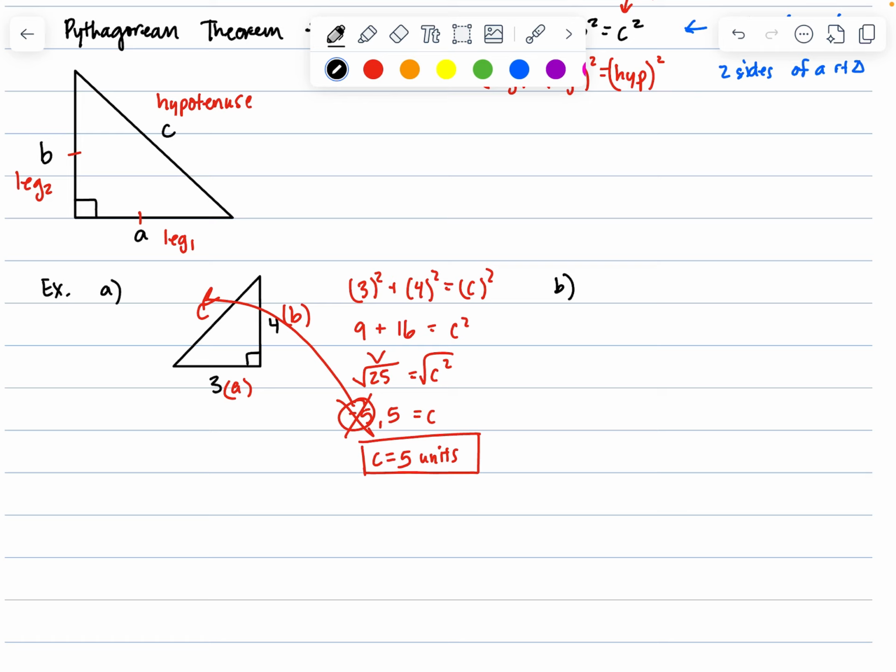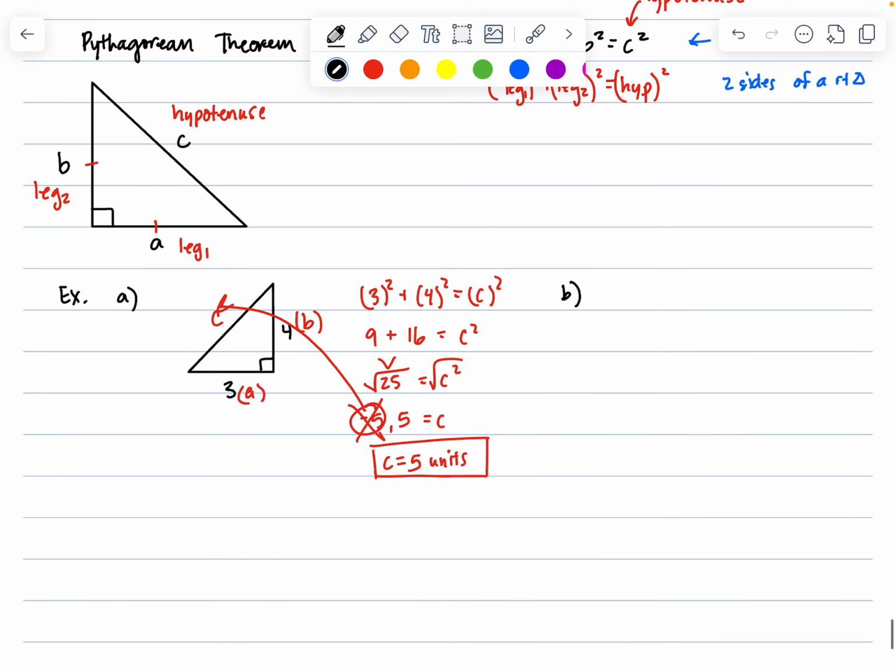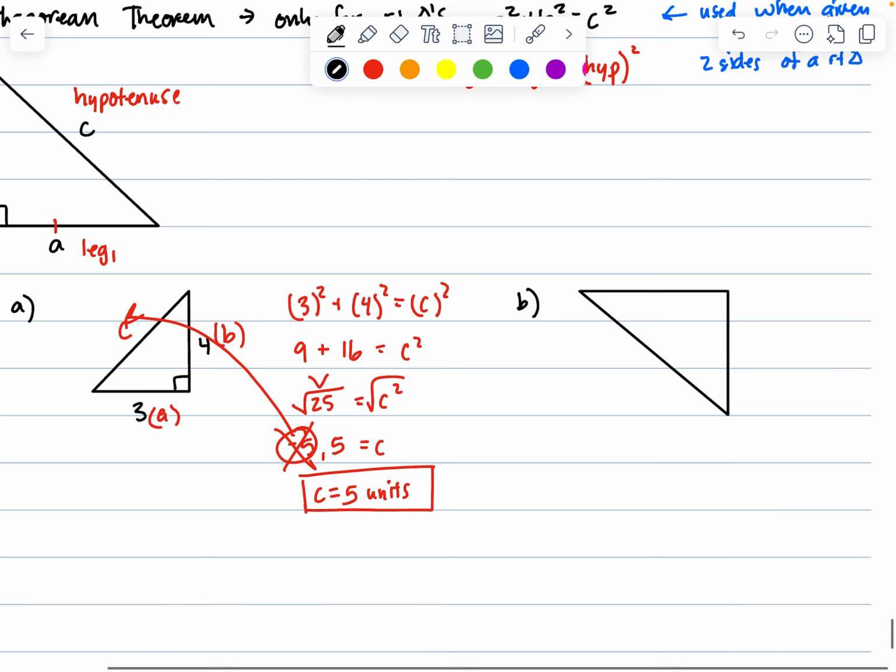Okay? Now, what if we have another example? For instance, B. Let's draw another triangle. Let's say this was 2, and this had a length of 10.